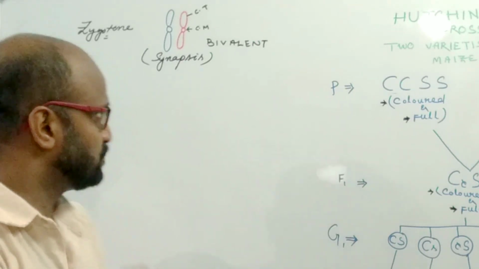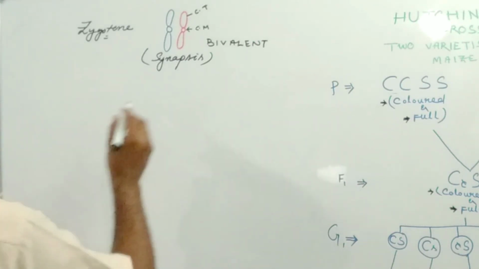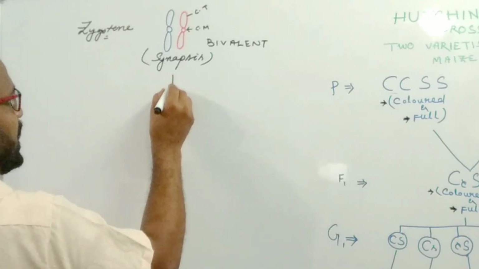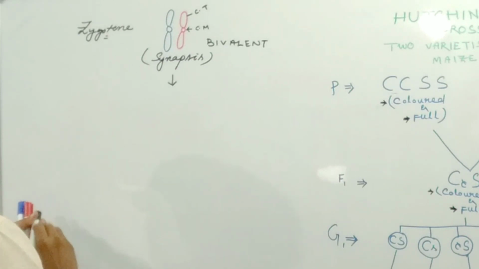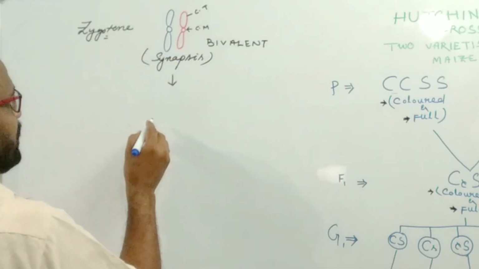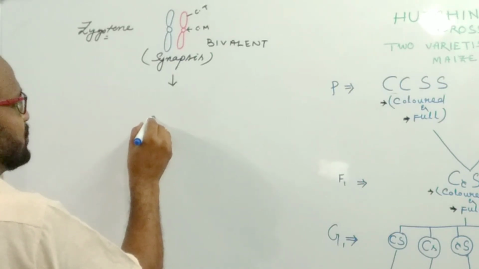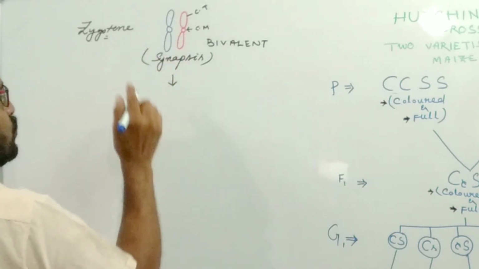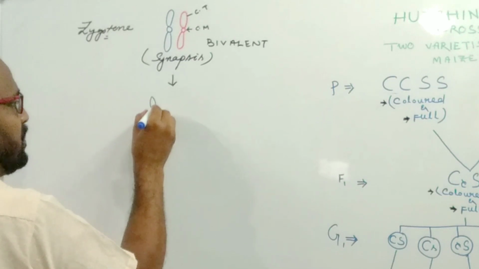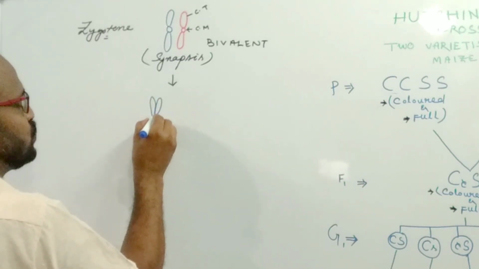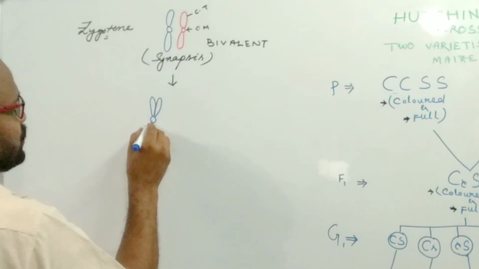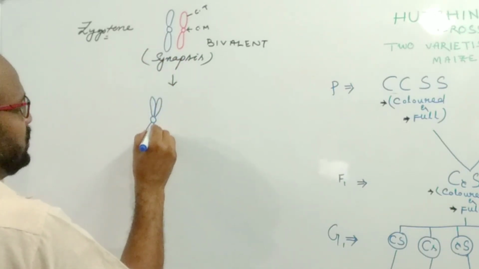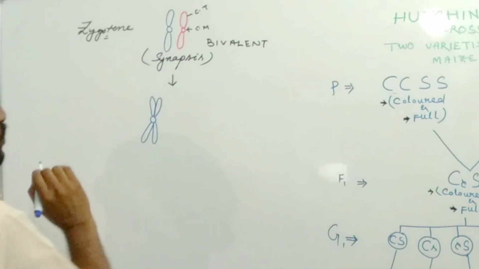After synapsis, after the homologous chromosomes are paired, each chromosome longitudinally divides except at the centromere. Suppose this is the centromere: the upper chromatid longitudinally divides and forms two sister chromatids, and the lower chromatid also divides longitudinally and forms two sister chromatids.